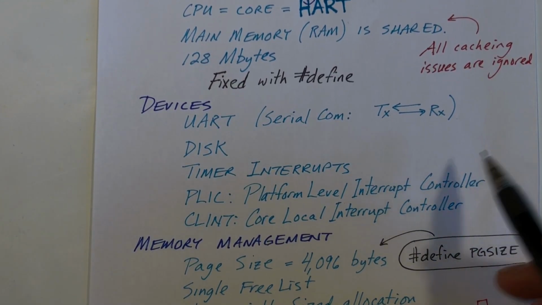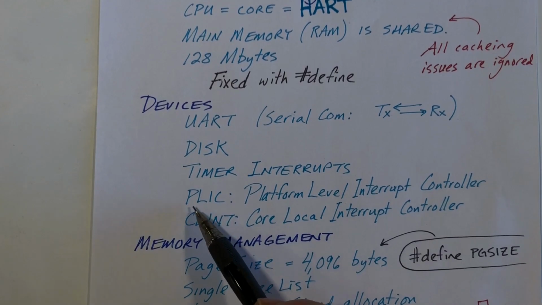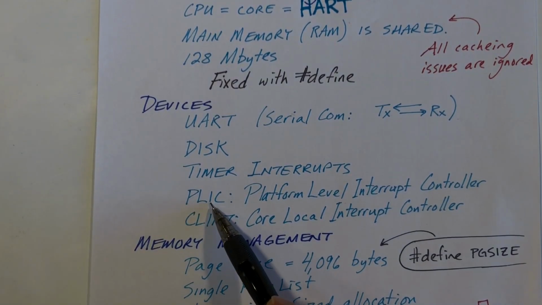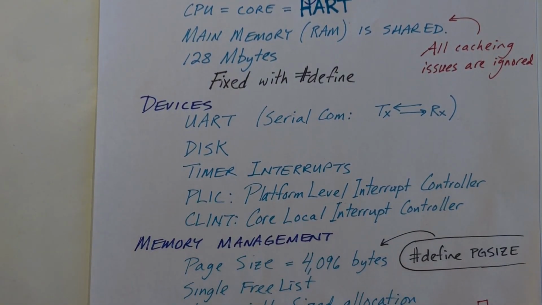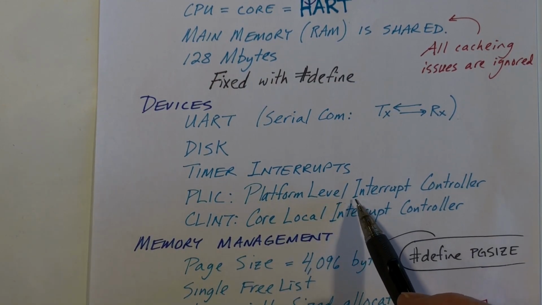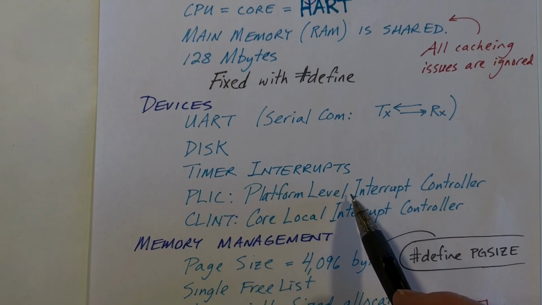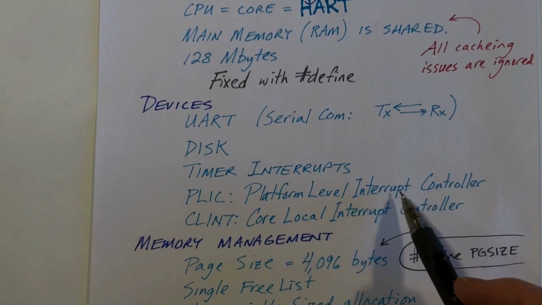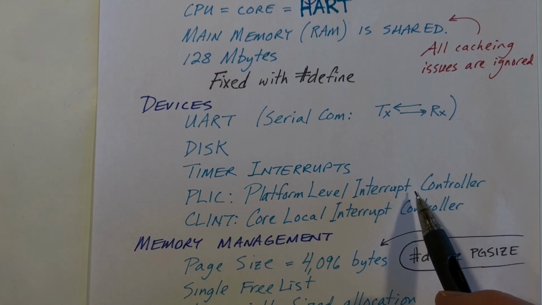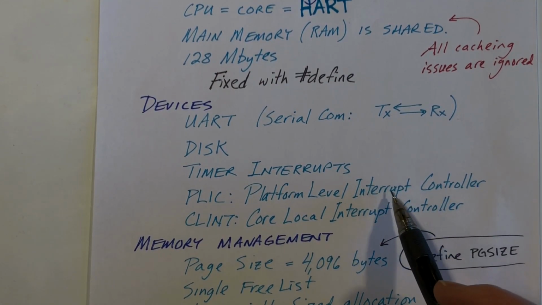Processors in the real world contain something called a PLIC, or platform level interrupt controller. It's a separate chip or separate circuit that deals with interrupts coming in from all the different devices that might be on a system. It's figuring out which core should be interrupted, which core should be told about the interrupt and allowed to handle the interrupt and deal with it.